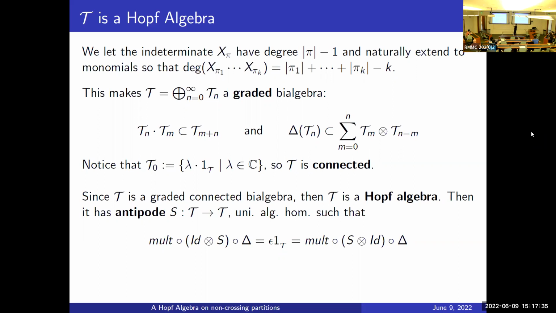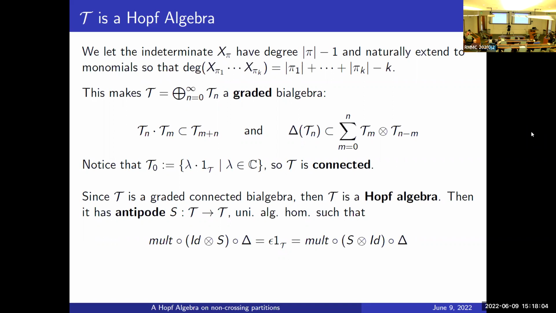The antipode has to satisfy this property: if you take the coproduct, on one side you take the identity, and on the other side you take the antipode, and then multiply the result, you get the identity element. It's the same if you multiply the other side. The way to look at this is as the dual of an inverse element.